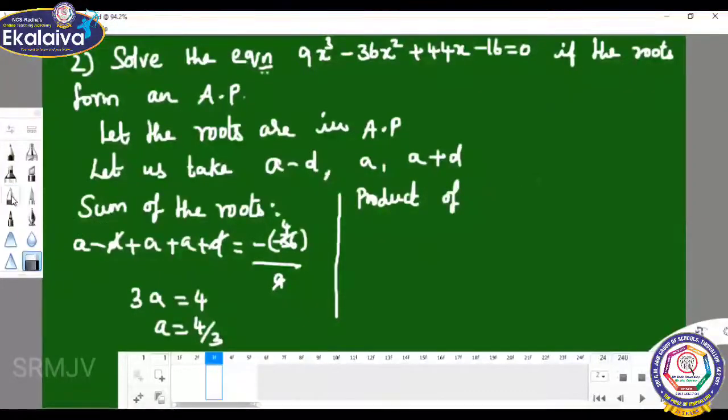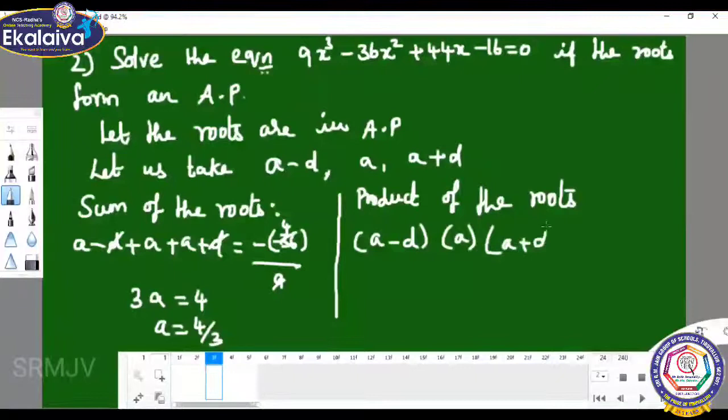So the product of the roots equal to A minus D into A plus D into A. It is nothing but minus 16 by 9.